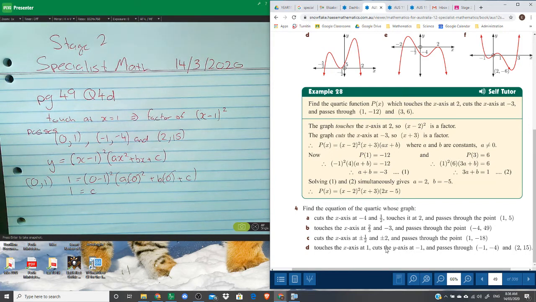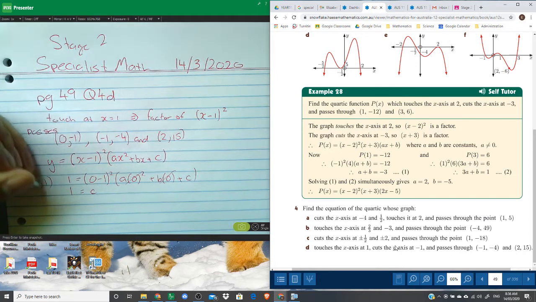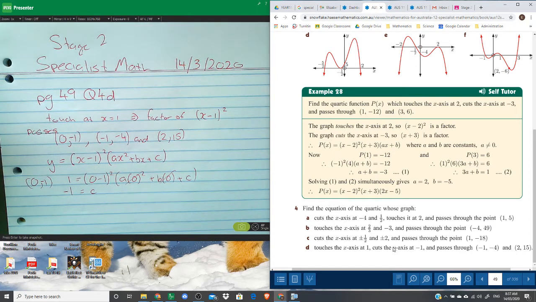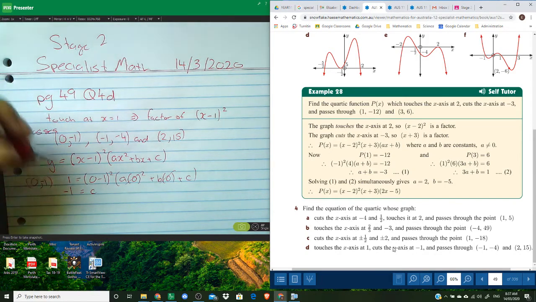Sorry, I know I've done this one before. No, I wrote that down wrong. That was 1 minus 1. Yes, I wrote that down wrong. It cuts the y-axis at minus 1. So c equals minus 1, and I can just substitute that into the rest of them.